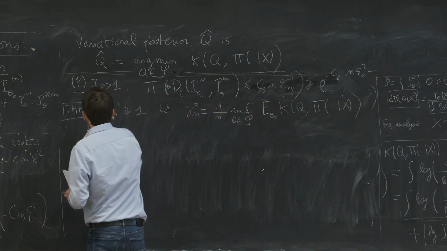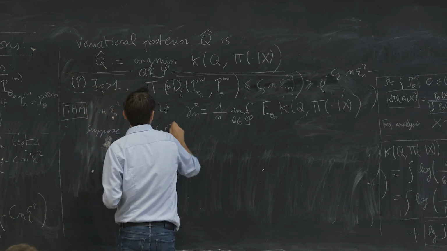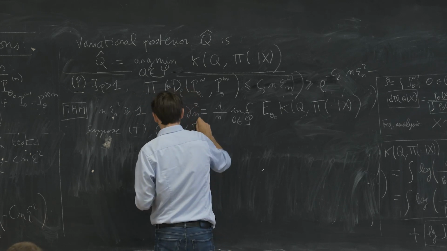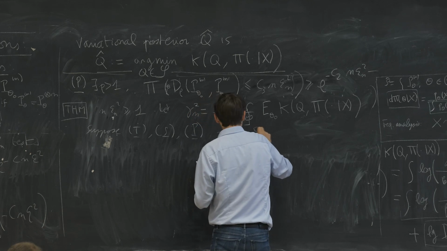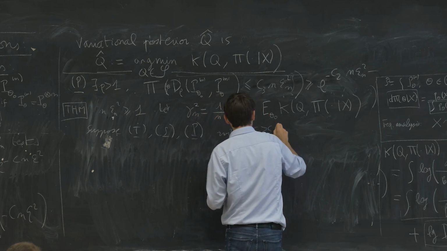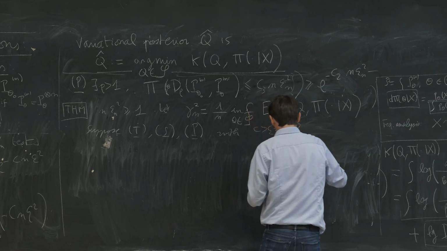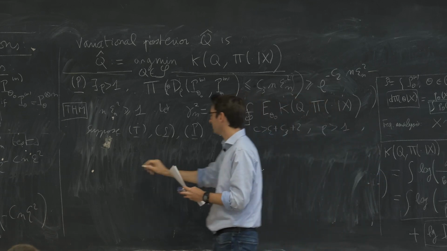Suppose the previous conditions T, S, and P hold. There is a little bit of tuning of the constants as before. Remember we had this 4 in the generic GGV theorem, so here as well.